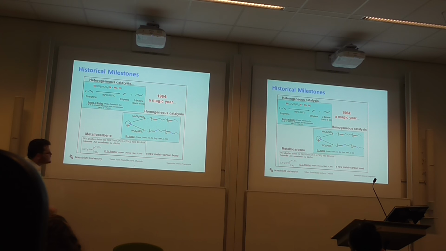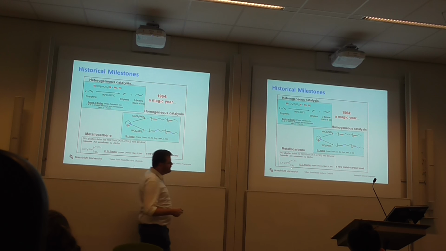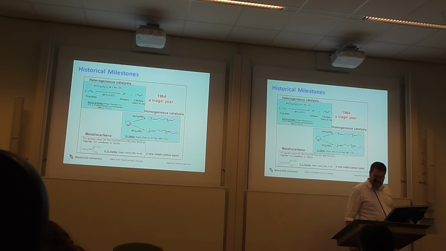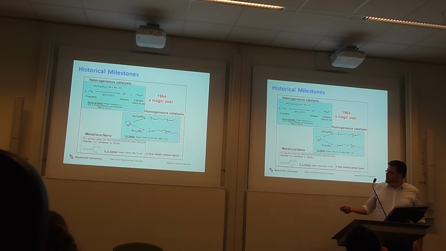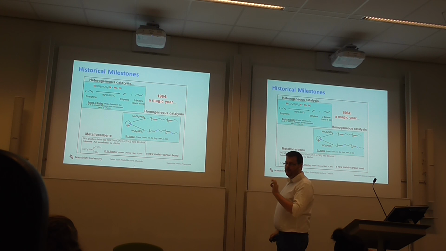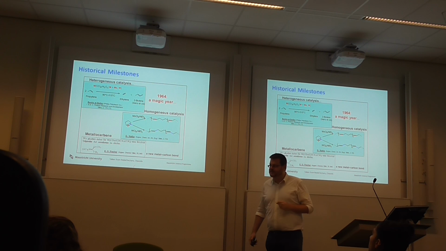Now this is a very important discovery, Fischer, 1964, we all know about this. And the first example of a metal-carbon double bond, which will become important later on, because you will see that these metal-carbon double bond alkenes are heavily implicated in alkene metathesis.